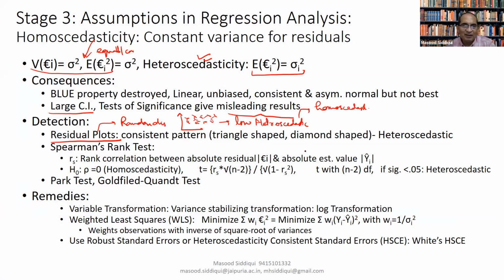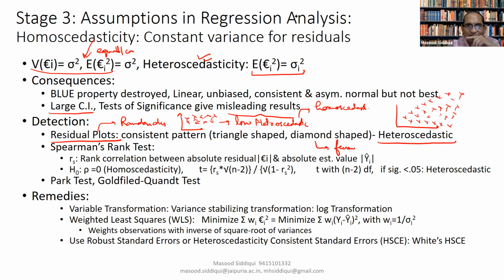But if we don't have this and we have a well-defined shape, suppose a funnel shape, meaning residuals are increasing with the increase of y, or a diamond shape, or a triangular shape, meaning there is a consistent pattern, then we can say there is a problem of heteroscedasticity.